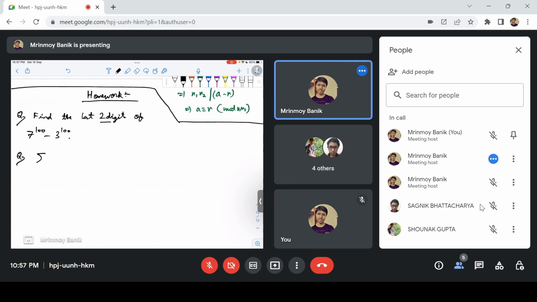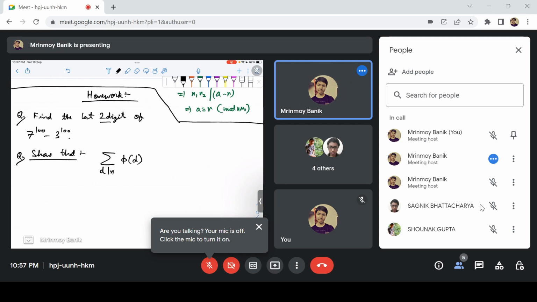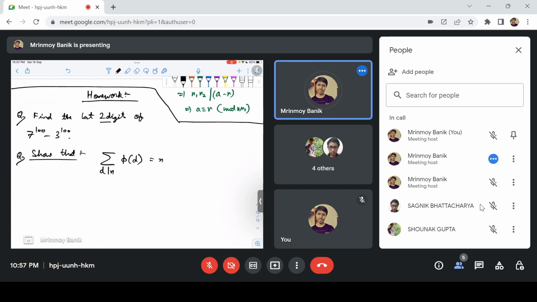Next is, show that the sum of phi of d, where d divides n, is equal to n. Obviously, d can only be less than or equal to n.